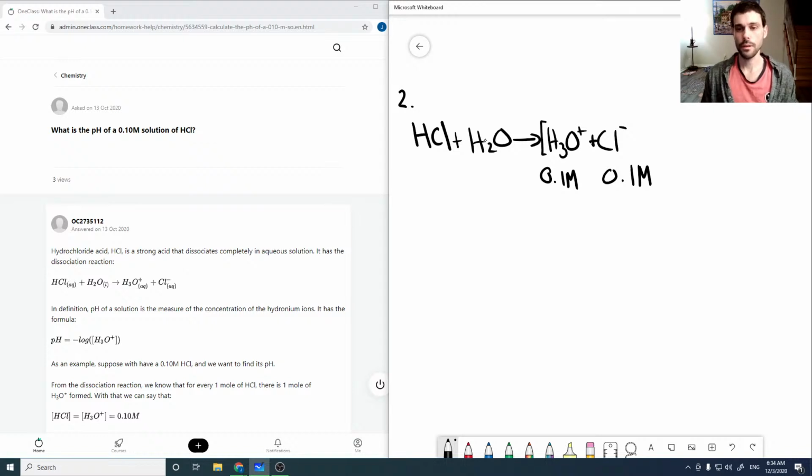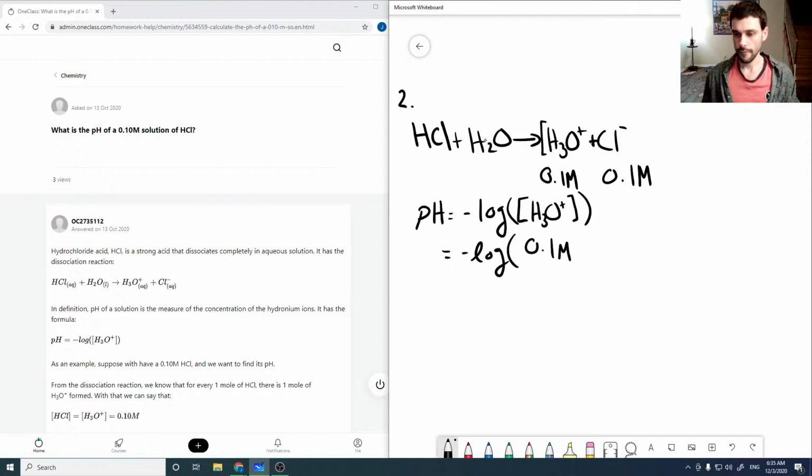As pH is the negative logarithm of our H3O plus concentration, it's the negative logarithm of 0.1 molar. You can't put units in with a log, so it's the negative logarithm of 0.1, which is just 1. So in this case, our pH will just be 1.